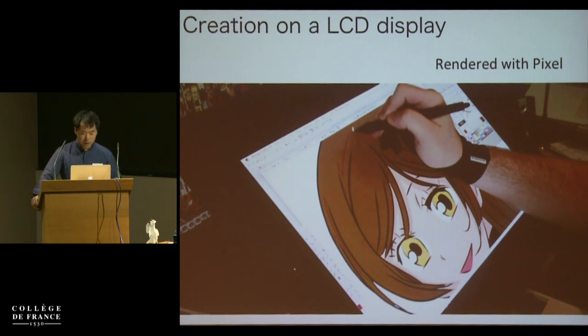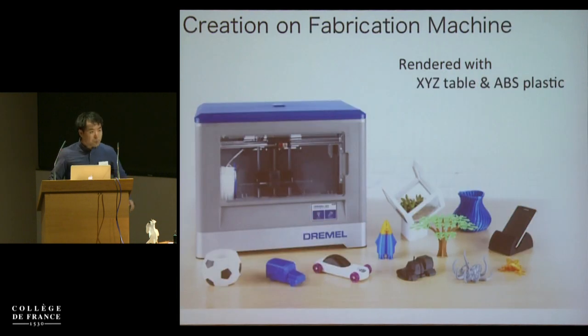As discussed in the morning session, it's very good because there is editing like undo, compared to physical media. And what I think has the same impact as computer graphics in some sense is 3D printing.